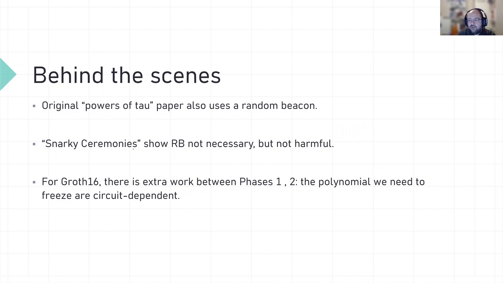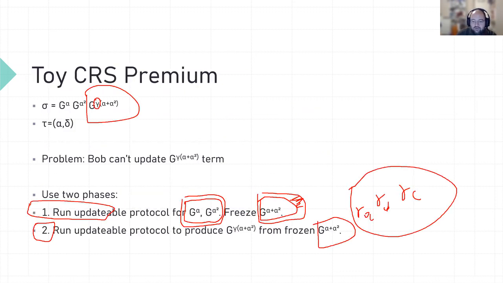And for Groth16, things are actually more complicated than I described, because this frozen term is actually dependent on what application we're trying to create a proof system for.